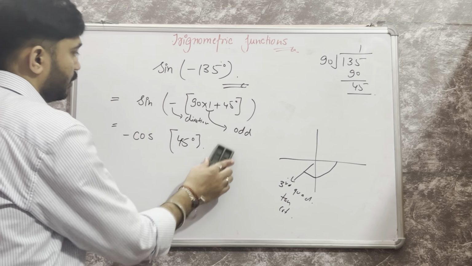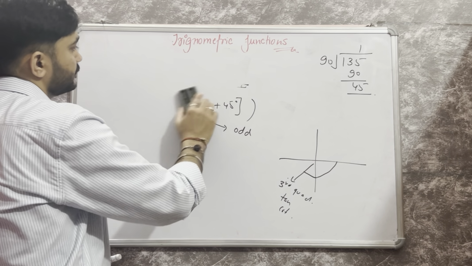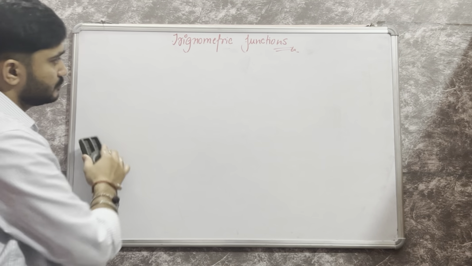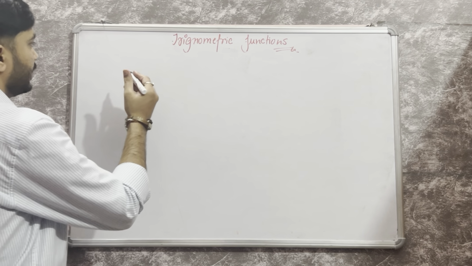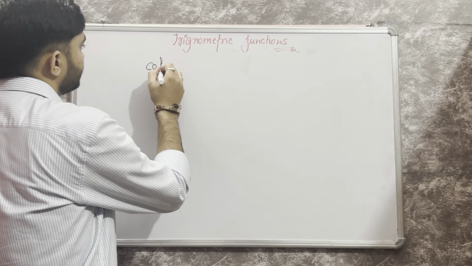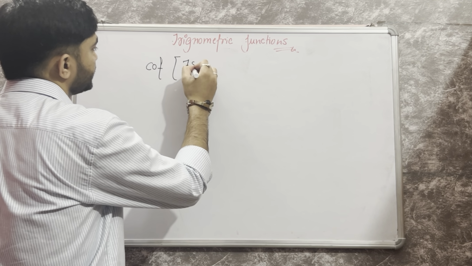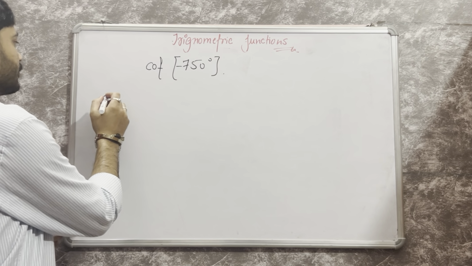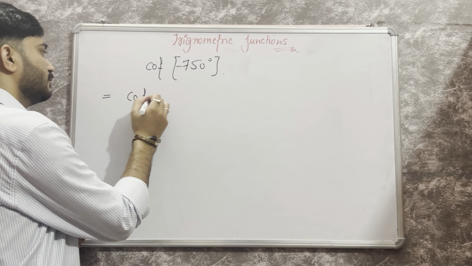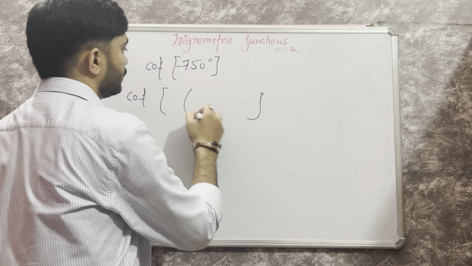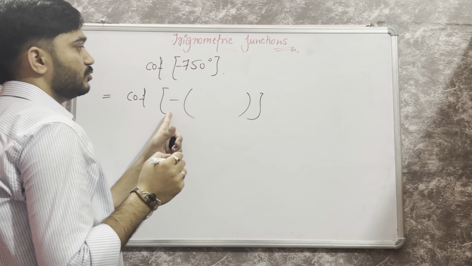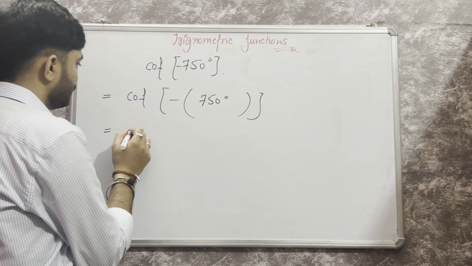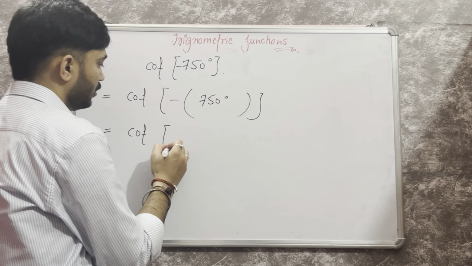Let us solve one more example based on it. Let us take an example. Cot minus 750 degree. So cot, write minus outside the bracket and 750 degree.